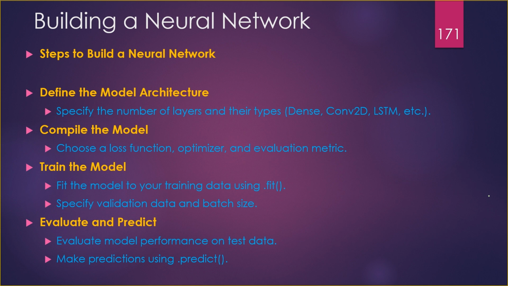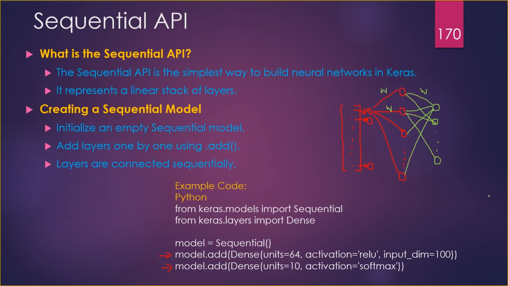Also, you have specified what should be the activation function in those layers for all the neurons. Remember, I have specified the activation function equal to ReLU. It means that in this particular layer, for all these 64 neurons, the activation function will be ReLU.